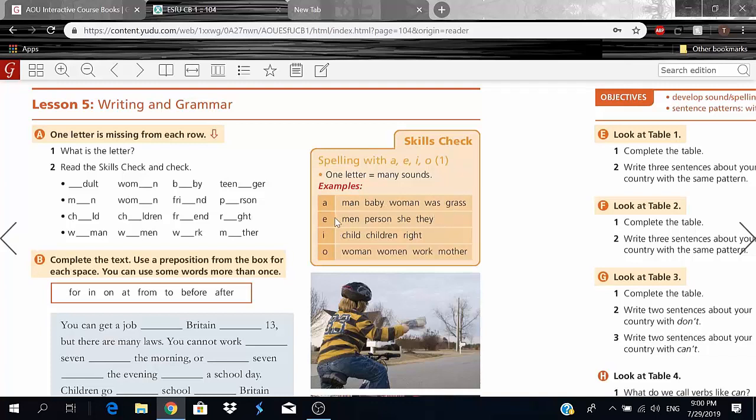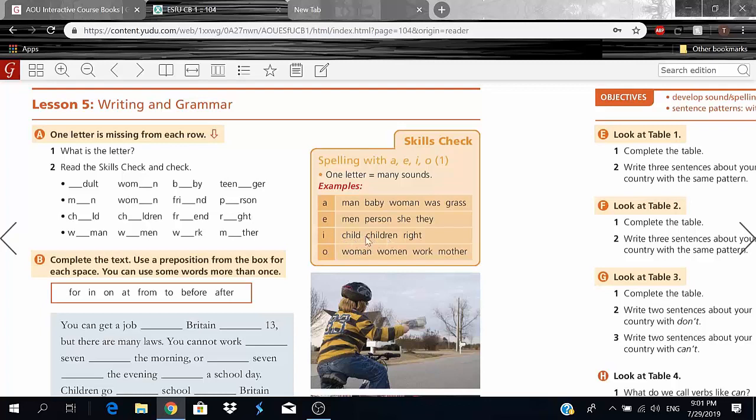Then we have E. We have men, okay, person, she, and they. So men is not like she at all. You see the difference in pronunciation? Me, or men, and she. They, and person. Alright? Now, check this out. I, this one's probably the easiest. So, here we have child, children. You see the difference?